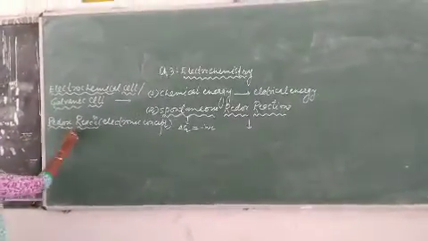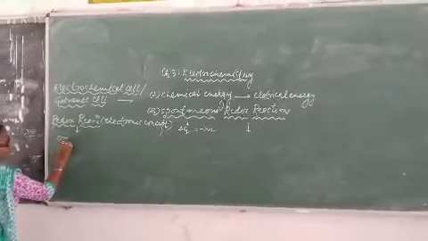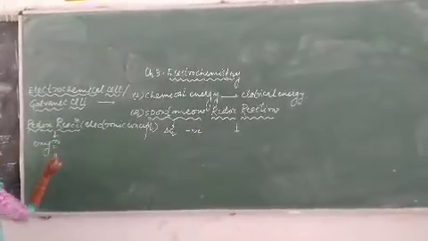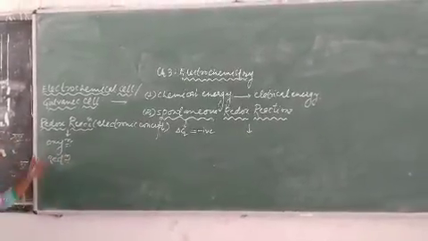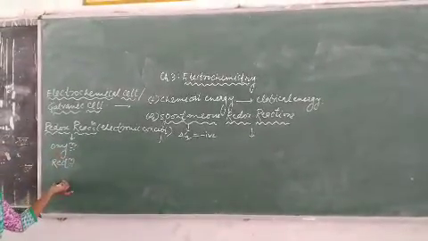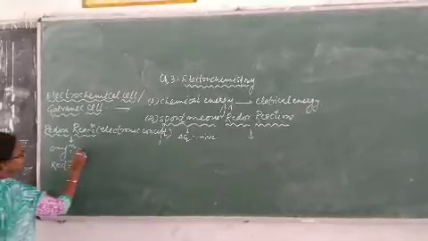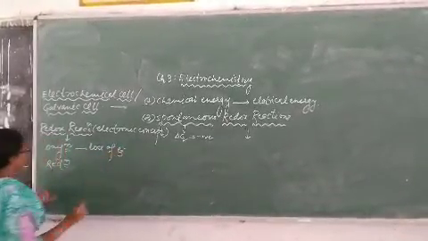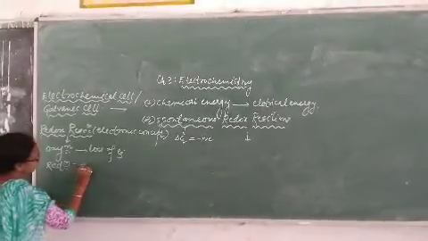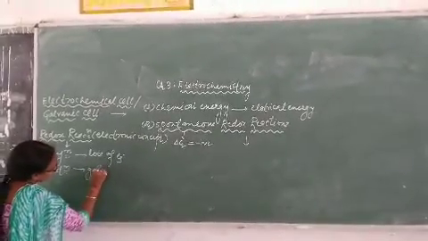Simply we can say in this reaction we have oxidation as well as reduction. Oxidation means loss of electrons, and reduction means gain of electrons.